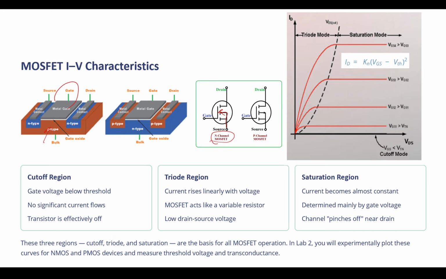Now, I want you to think about why N channel and P channel have different directions of the current. I'm going to give you a hint. We already covered in the previous week the behavior of the diodes when two semiconductors were connected to each other, and we had the concept of forward bias and reverse bias. Now, in this MOSFET, you can see three semiconductors, but you can imagine that each pair individually would behave like a diode.